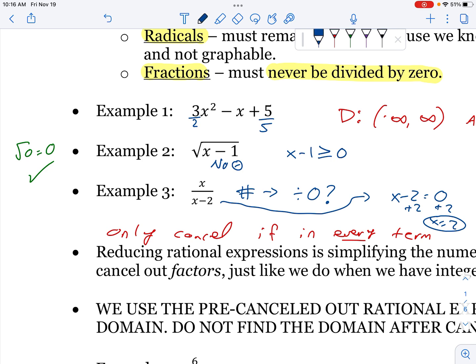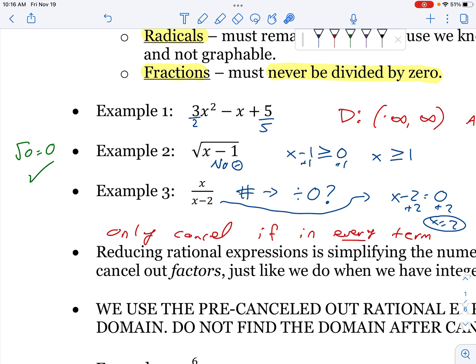I could be 1 or 2 or a half. I could be larger than 0, and I can be 0, but I have to make sure I'm not less than that. Okay, and if we solve this, we get x is greater than or equal to 1. Think about that. You plug in 1 minus 1, that's 0. Plug in 1.5, I'm going to get square root of 0.5, that's fine.